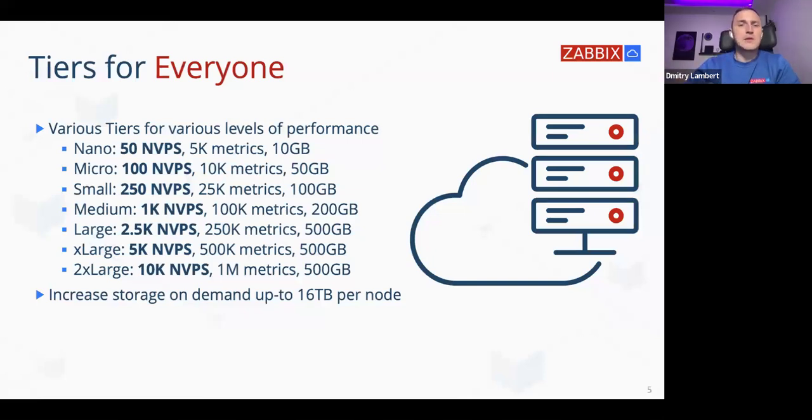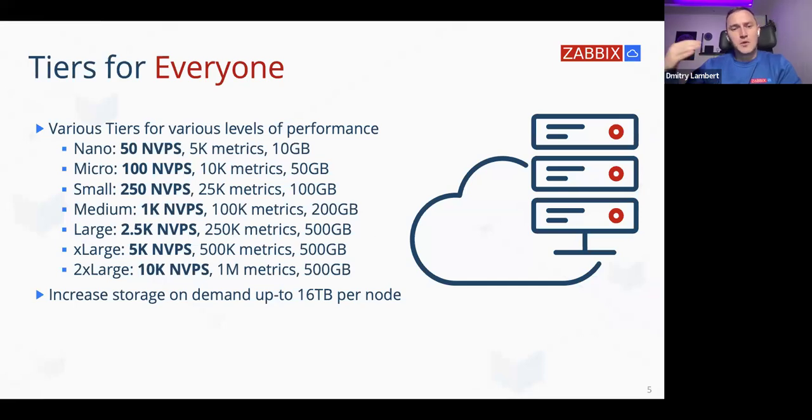And remember, one metric is like CPU load. That's one metric. Incoming traffic, second metric. Outgoing traffic, third metric. And you can have 5,000 of those. So you pretty much can monitor, I don't know, hundreds of servers, right? Considering that each of them could have around 50 metrics and so on. And in a nano tier, as I said, we also include free of charge 10 gigabytes of storage.